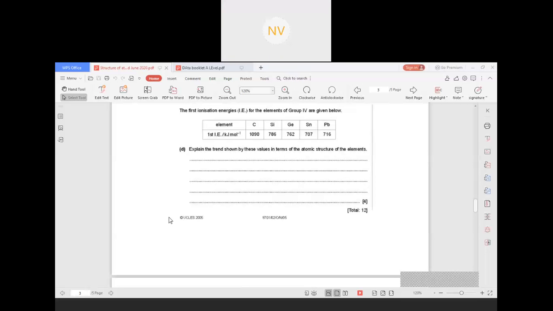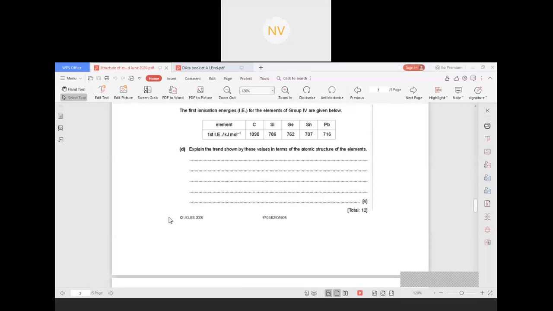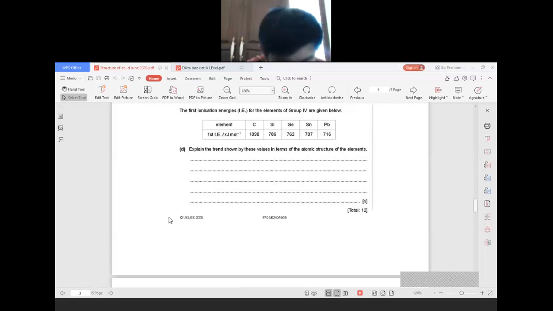So it is down the group. And as you go down the group, you will see this pattern in which the diameter of the atoms becomes larger due to the larger number of shells.